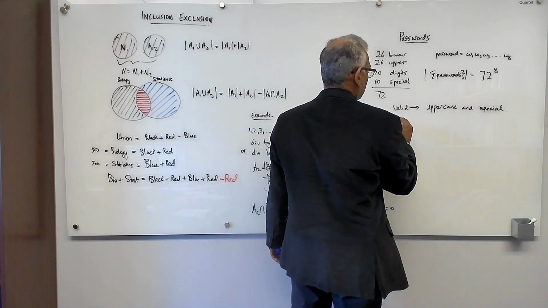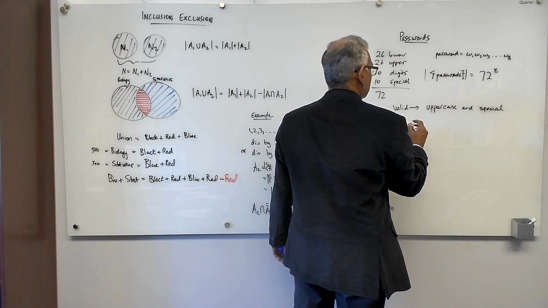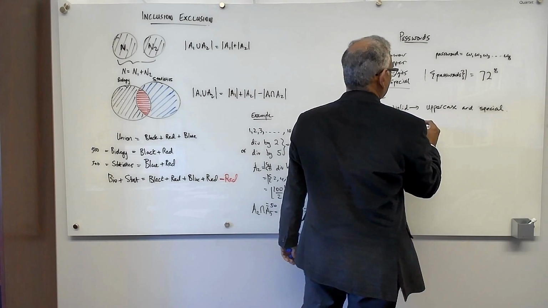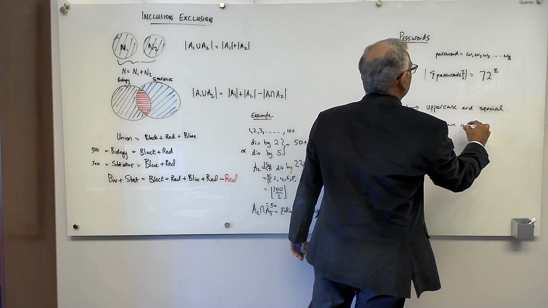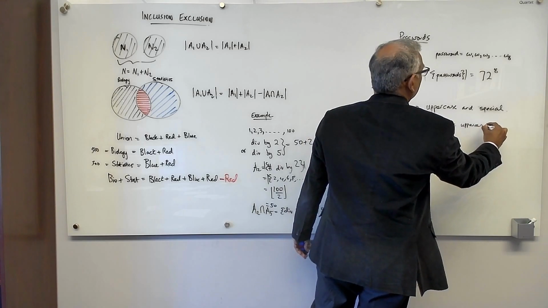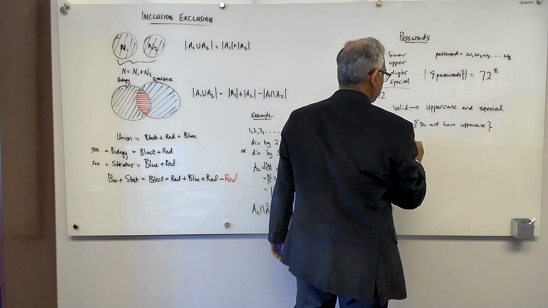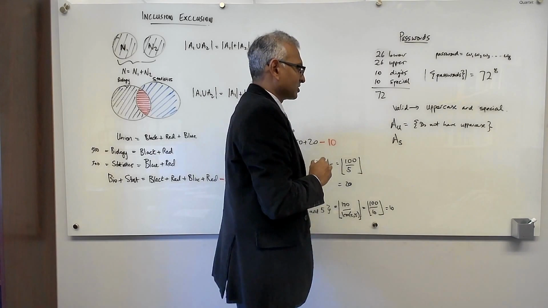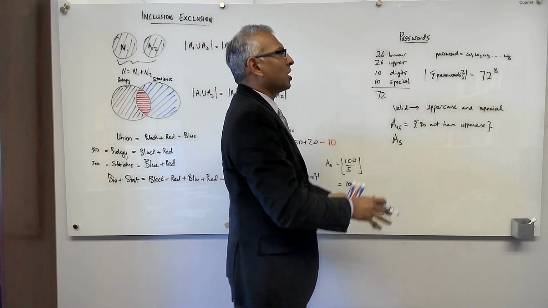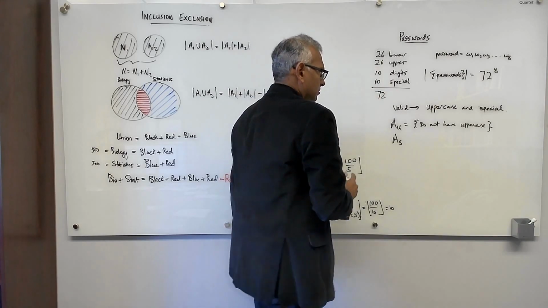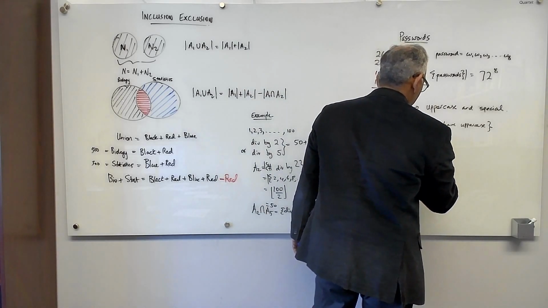So let's call this A sub U, do not have uppercase. Okay. And A sub S, so the specials, A sub S is the set of passwords that do not have a special.